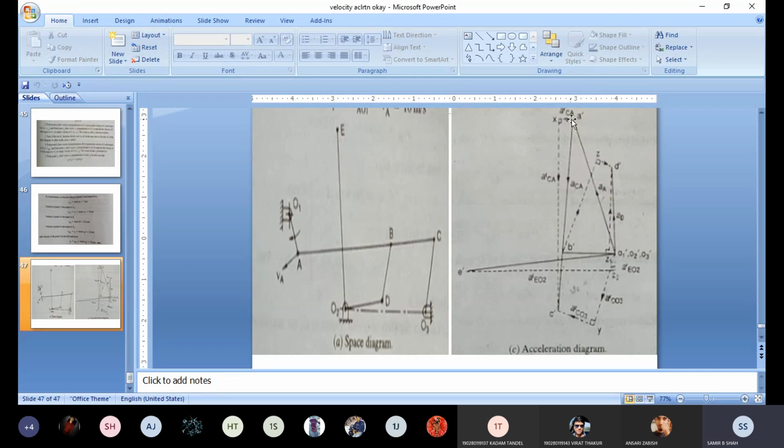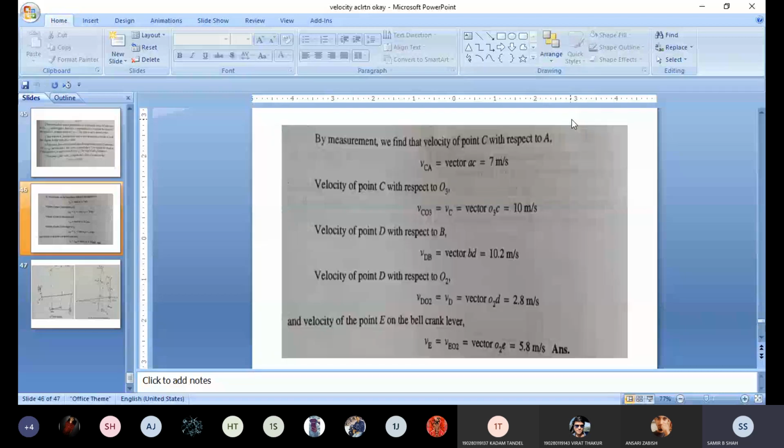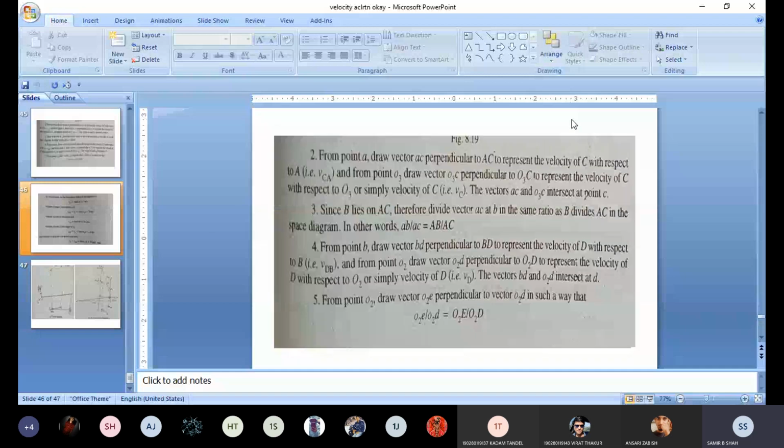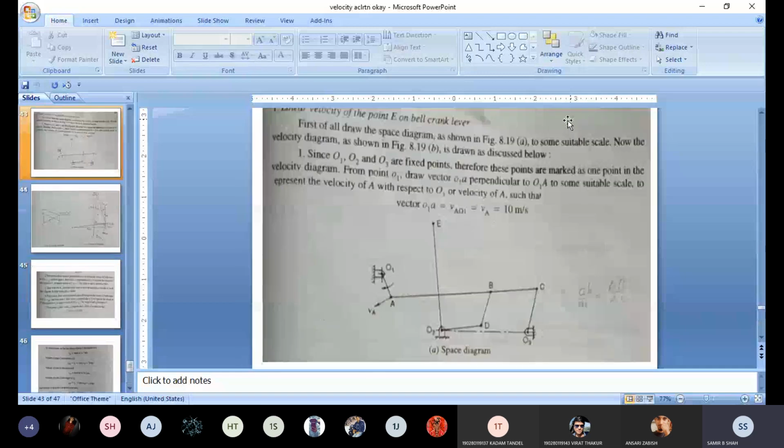Here we are taking the scale that 100 meter per second square is equal to 1 centimeter. As we know, the radial part of O1A is equal to 1000 meter per second square. The radial part velocity is 10 meter per second, so V square AO1 by O1A is 10 square by 0.1, so we are getting 1000 meter per second square.